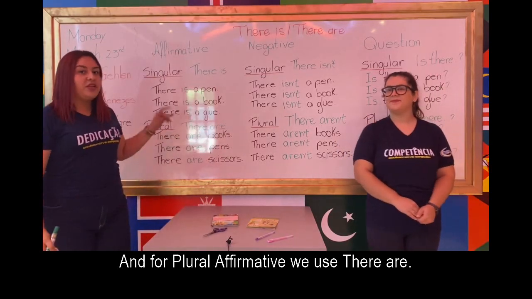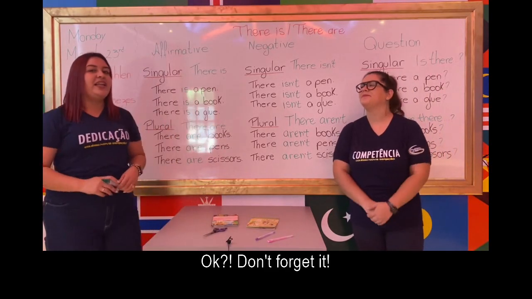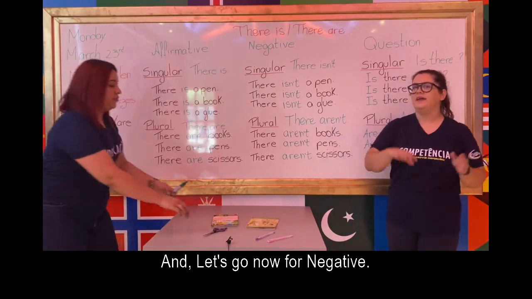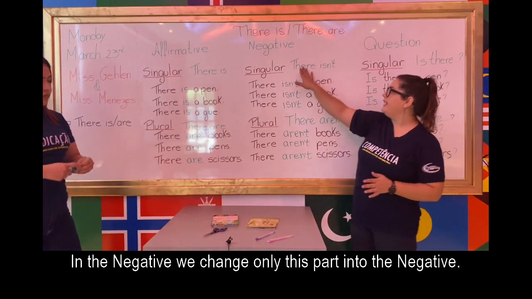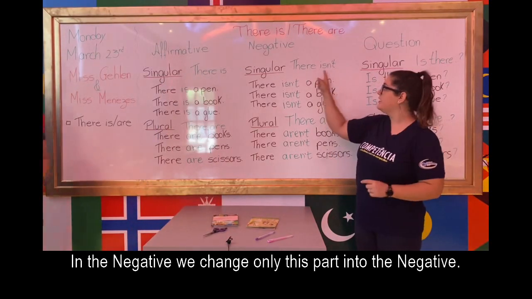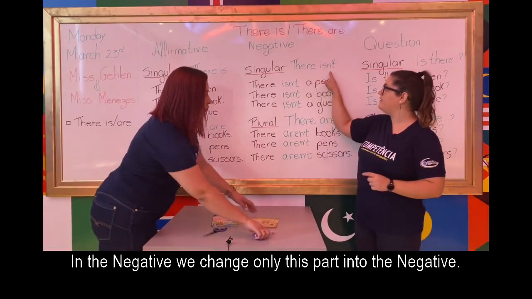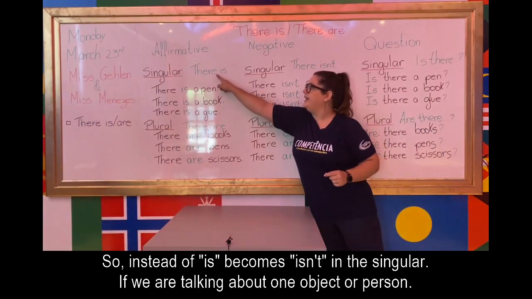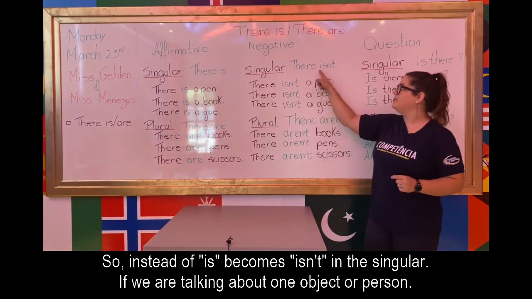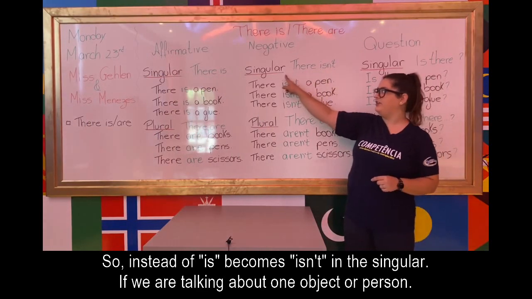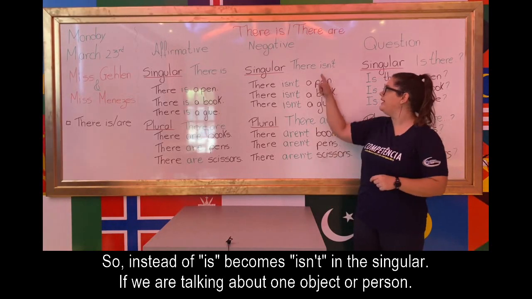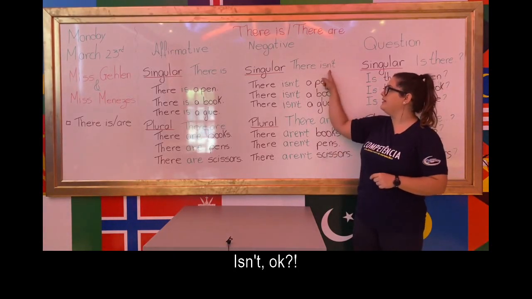Okay? Don't forget it. And let's go now for negative. In a negative, we change only this part into the negative. So instead of is, it becomes isn't in the singular. If we are talking about one object or person, isn't.